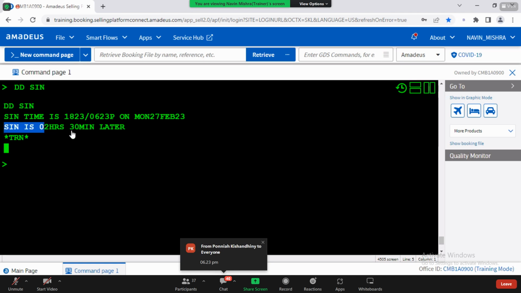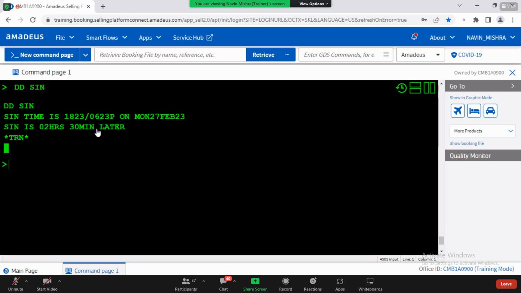Singapore is 2 hours 30 minutes later. What does it mean by later? Later means it's ahead time. So whatever the time is in Colombo, Singapore is 2 hours 30 minutes later. That means it's ahead of Colombo. Suppose Colombo is having 4 o'clock, so in Singapore it's 6:30.